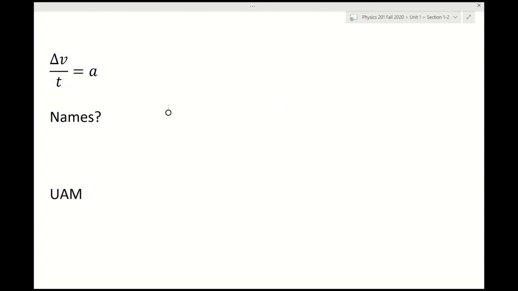The time rate of change of speed or velocity is acceleration, hence the A. Now, we use the term acceleration both with and without a direction, and we'll clarify that as we move on a little bit more.